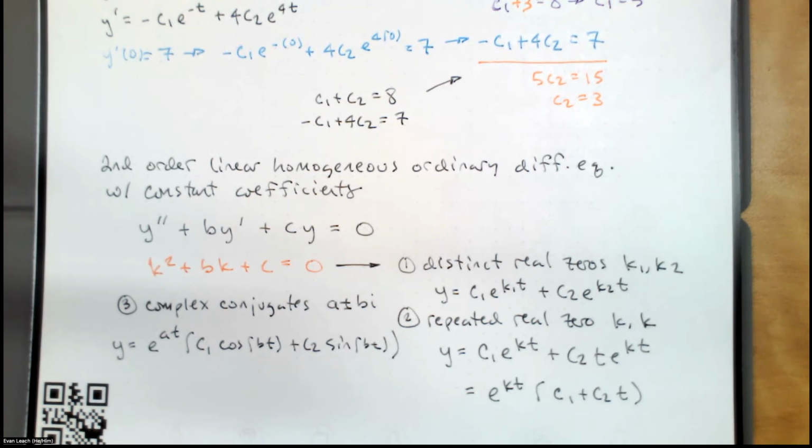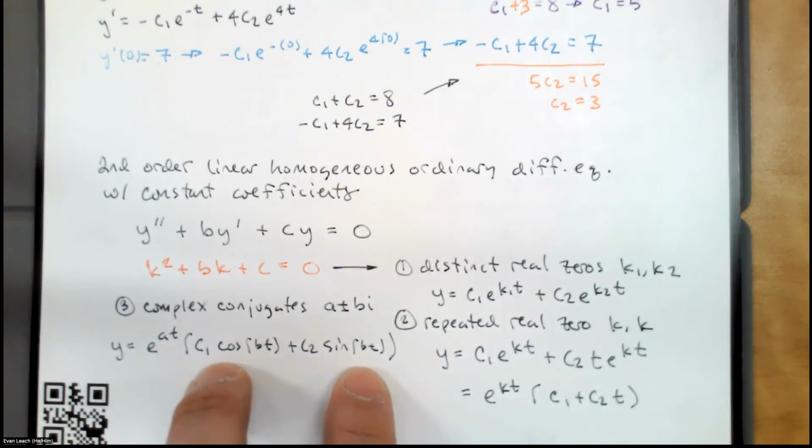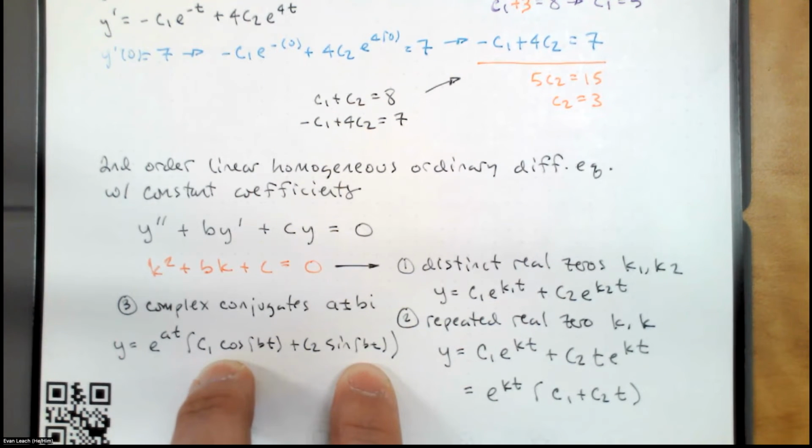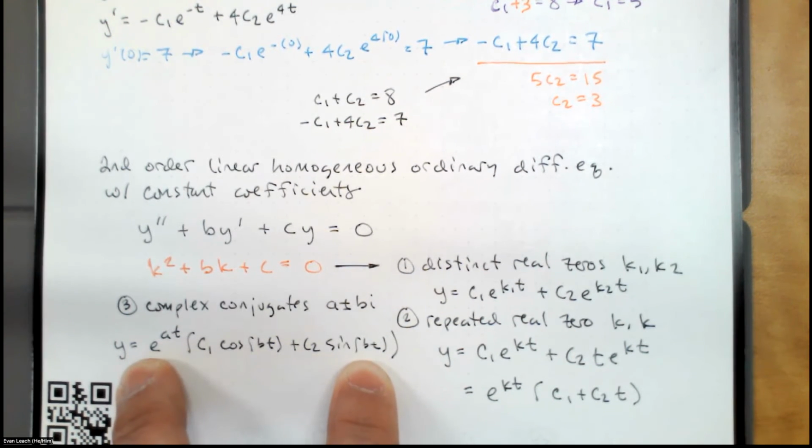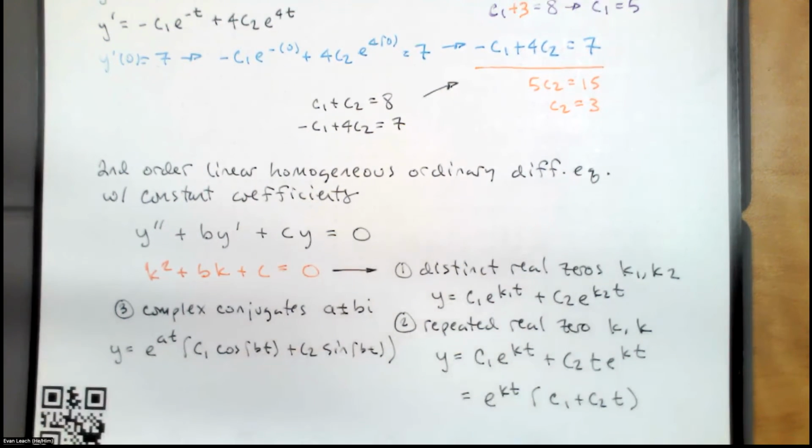So cosine and sine fit the bill. We didn't do an example where we had complex solutions. If we get pure imaginary, then we'll just have cosine of bt plus sine of bt. If we have complex solutions, the real part shows up just like it does when we had real zeros as solutions.